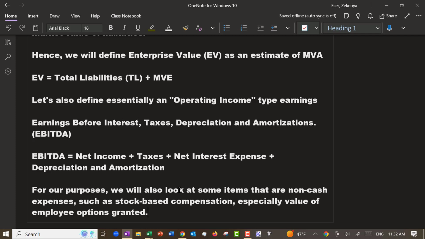To make it easy on ourselves, we're going to use the item called stock-based compensation directly.